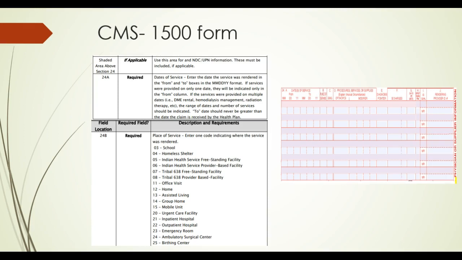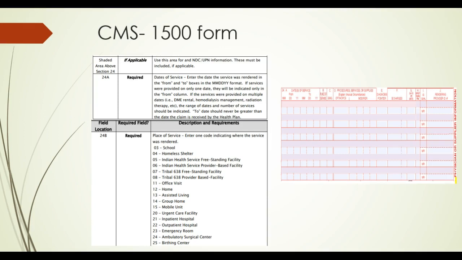If the services are provided only on one date, it would be indicated only in the first From column. Now, if services are provided on multiple dates, then you would have a To date. So just remember that.